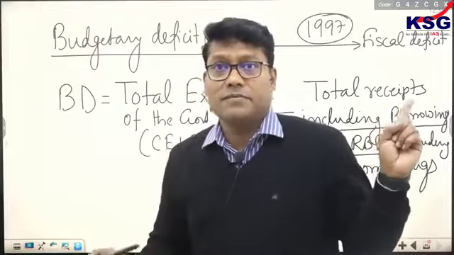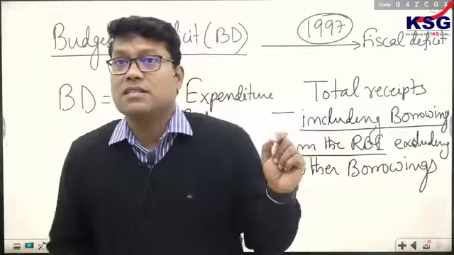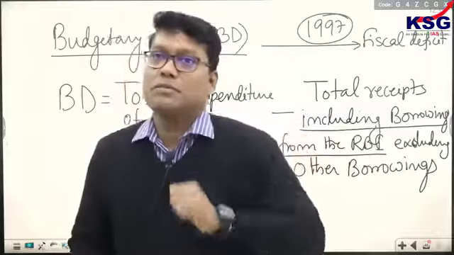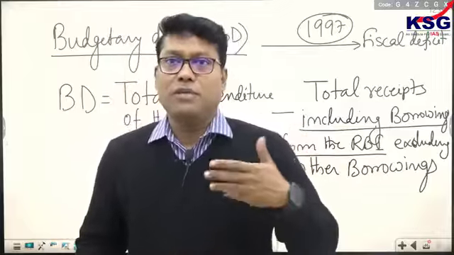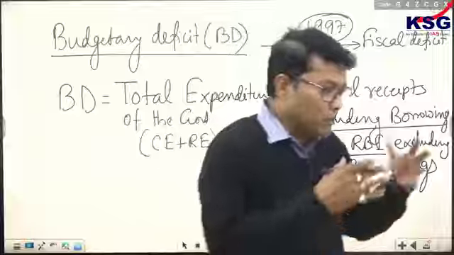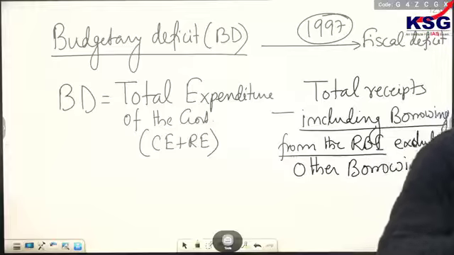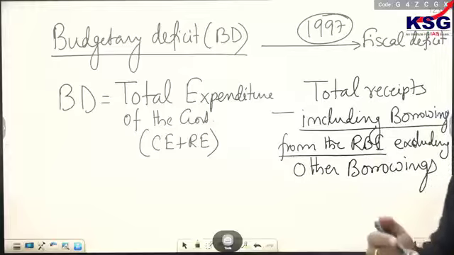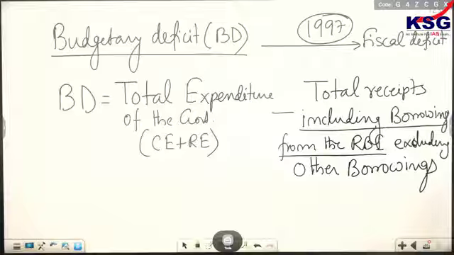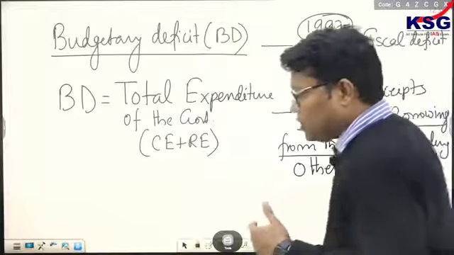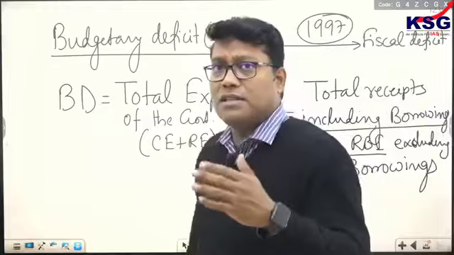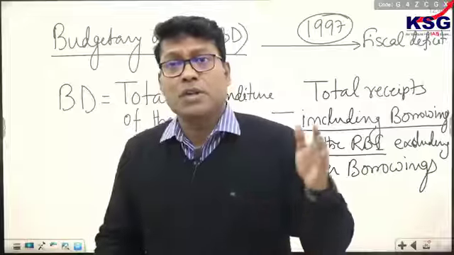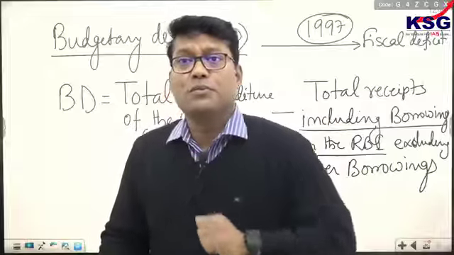Then the debate started. When? After the economic reforms, when you opened the economy and market mechanisms started, you constituted two committees during that period: M. Narasimhan Committee 1 and M. Narasimhan Committee 2.